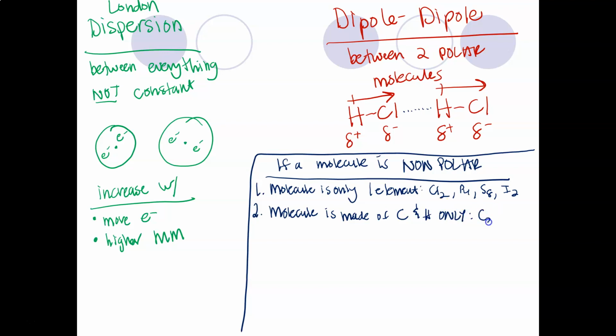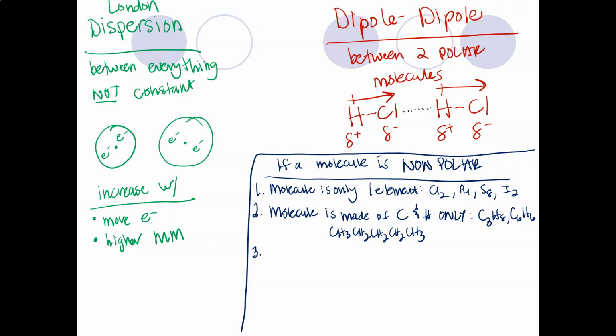So for example, C3H8, C6H6, or even something like CH3, CH2, CH2, CH2, CH3. The only atoms I see are carbon and hydrogen. Okay, those are the 2 easiest ones to determine if something is nonpolar. Step 3.